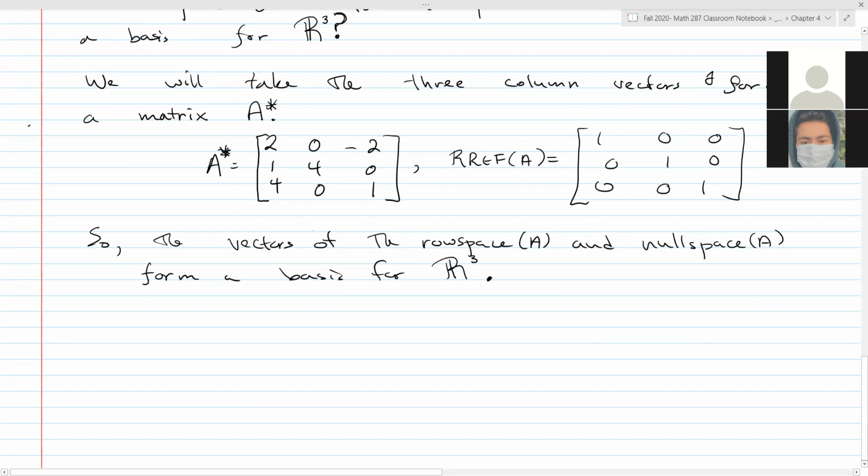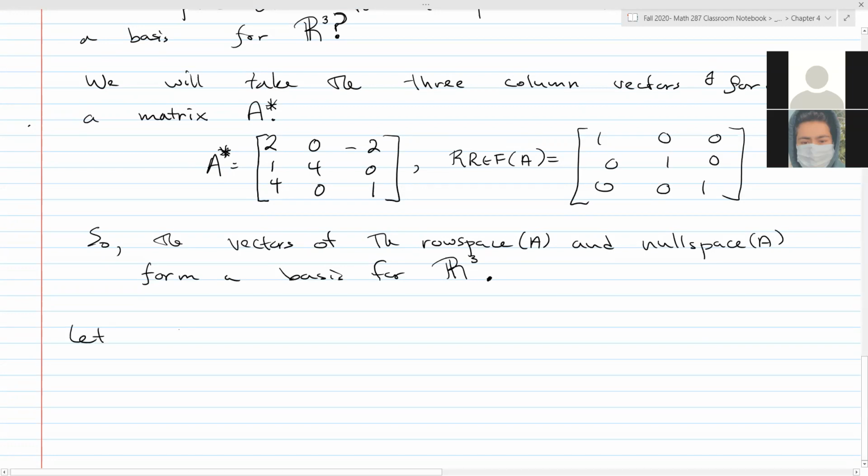For the null space, you have to use the RREF of A, the reduced row echelon form, in order to find the null space. And for the column space, you can use either. So we use REF of A for the row space, and the RREF of A to find the null space. Thank you. You're welcome.